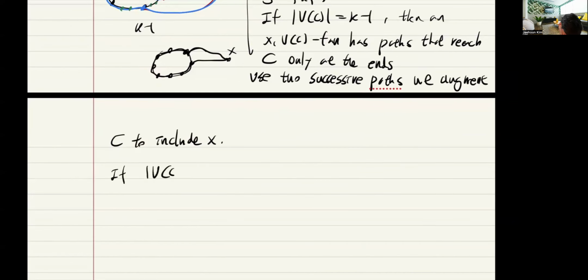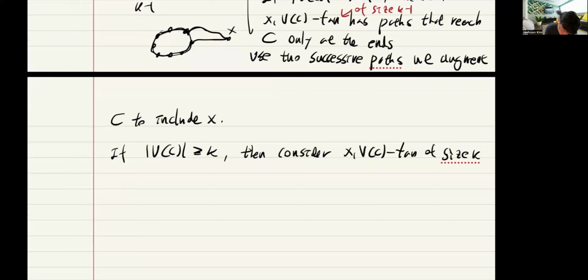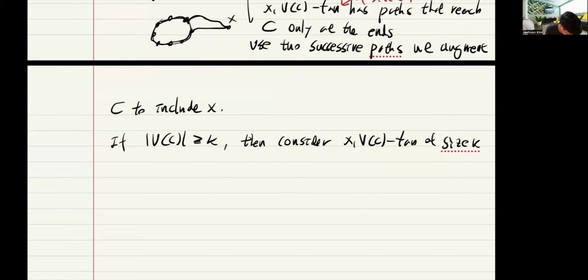And if the cycle contains more vertices, then using k-connectivity and the fan lemma, you can find an x-C fan of size k, rather than k-1.